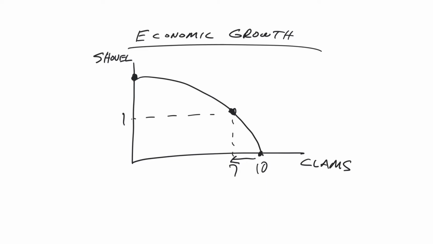But once you have that capital good, that shovel, and this is the main point, next period, okay, next month, next year, whatever it is, your production possibilities curve shifts out. You can now have more of everything because now that you have that capital good, you're more productive.